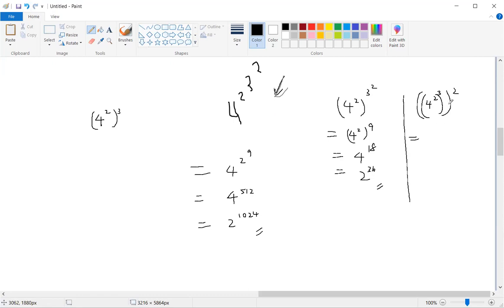Then that finally means, now be careful, 2 to the... be careful here also, because here is the AMN rule. 4 squared cubed is 4 to the 6. Although it's an exponent, here is the AMN rule. So that is 2 to the 24.